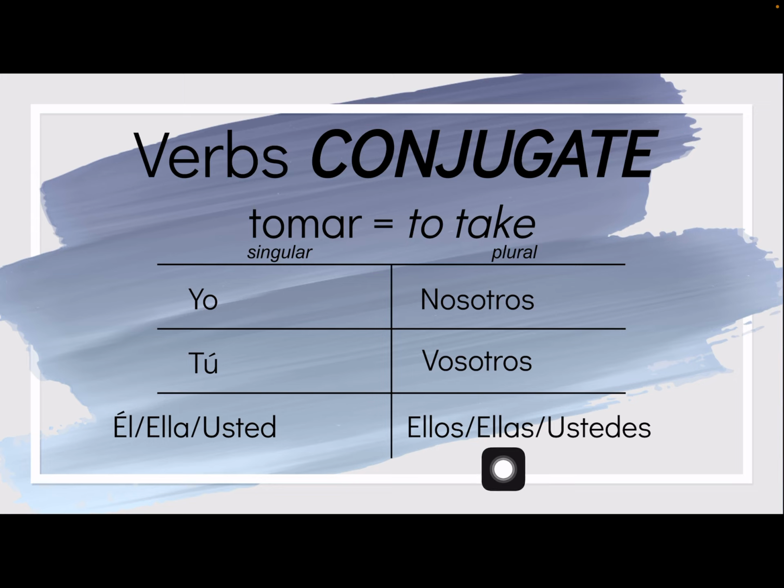Ellas, group of females. Ellos can also be a group of both, like a mixture of both males and females. And then ustedes is really how to say you all in countries that don't use vosotros.